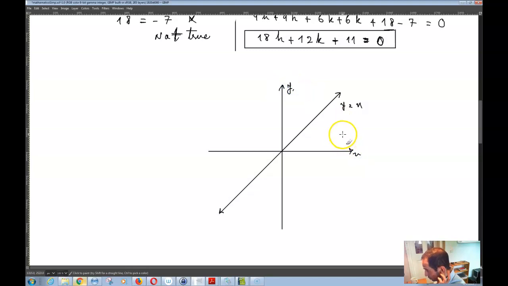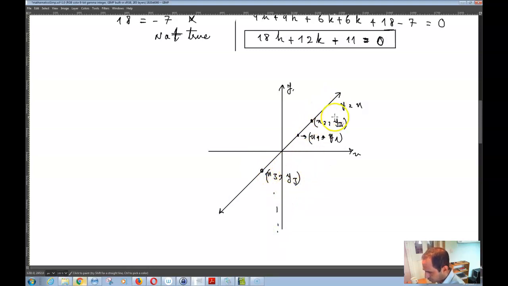Whatever point you pick on this line, this relationship does exist between each of those ordered pairs. For example, you can take over here x1 comma y1, over here x2 comma y2, over here x3 comma y3, and so on and so forth.